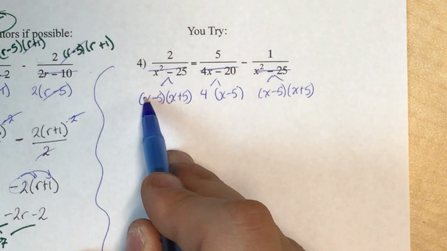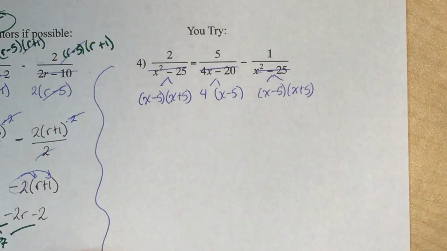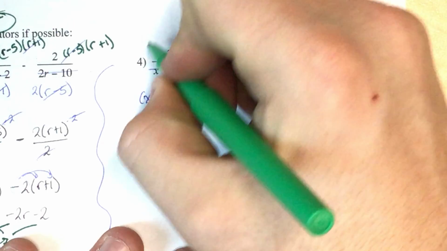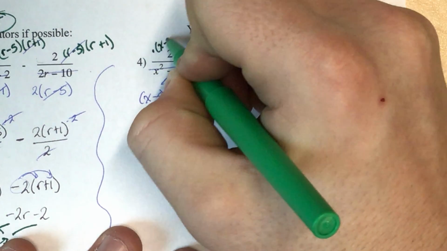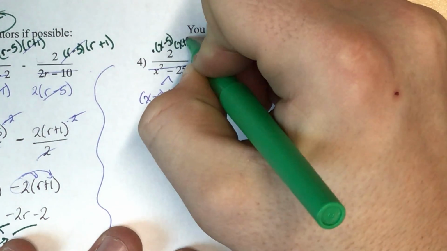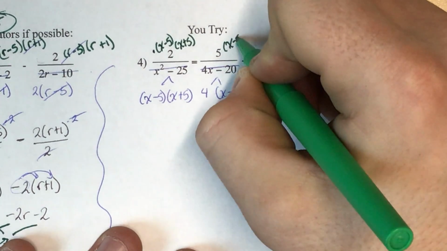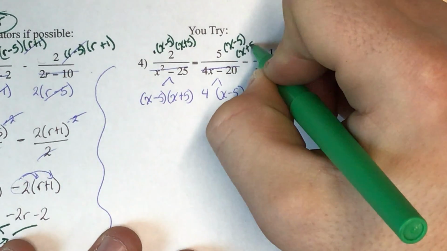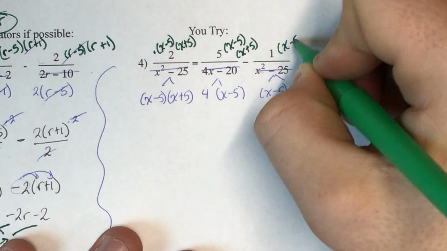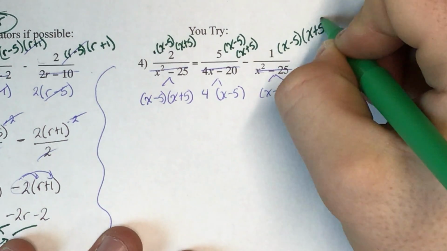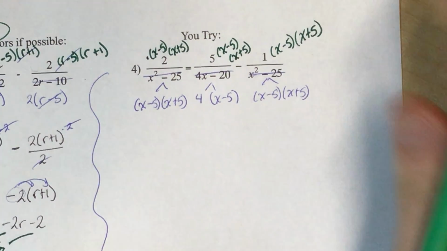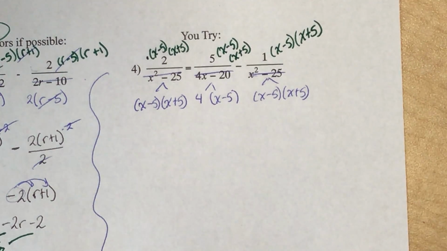Now let's eliminate the first denominator of x minus 5 and x plus 5. So I'm going to multiply every term by an x minus 5 and an x plus 5. Now let's simplify.